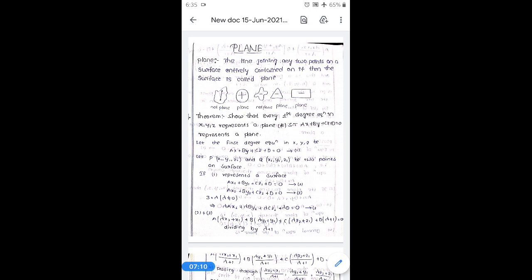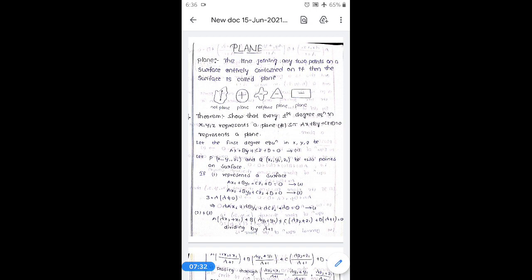Now multiplying the third equation by lambda will give A lambda x2 plus B lambda y2 plus C lambda z2 plus D lambda is equal to 0.